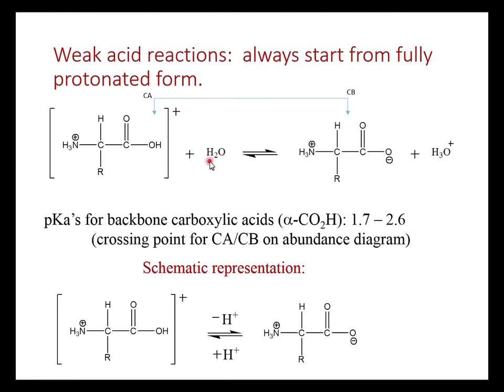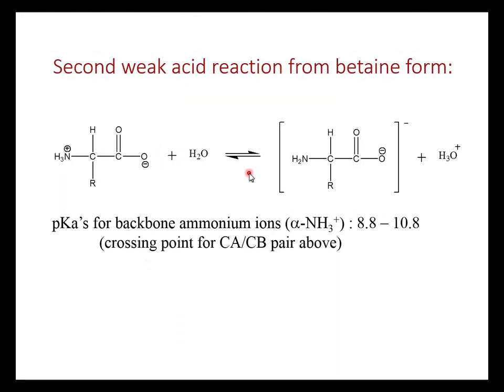But instead of showing the reaction with water, we simply show the loss of an H plus going this direction and the gain of an H plus to go from right to left on this reaction equilibrium arrow. The charge does change because you lose an H plus, you lose one positive charge on the molecule and go from a +1 to a neutral species.